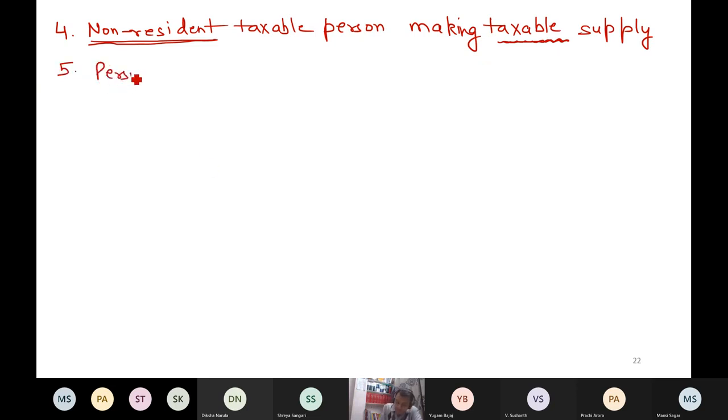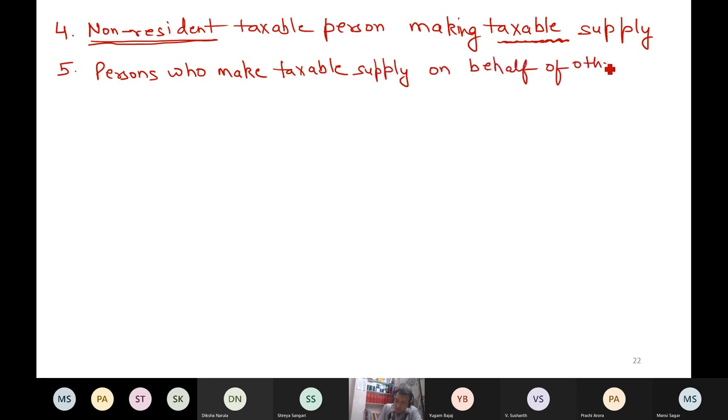Persons who make taxable supply on behalf of another. Every person who is doing the supply not on his own behalf but on behalf of another person. The best example is principal and agent.